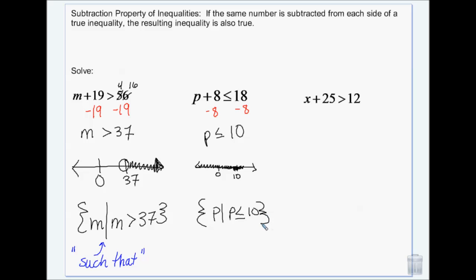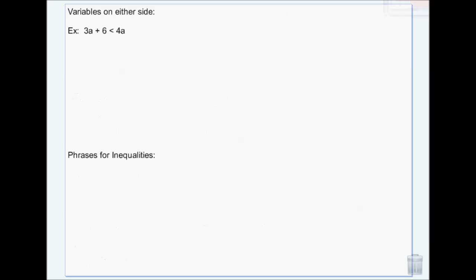I'm not going to subtract 4a from both sides because then I'll be left with nothing over here, right? So I'm going to subtract 3a from both sides. So 6 is less than a, or if I want to switch that and put the a on the left, I have a is greater than 6.